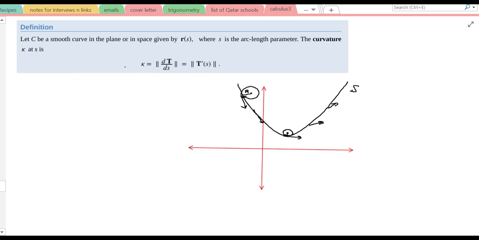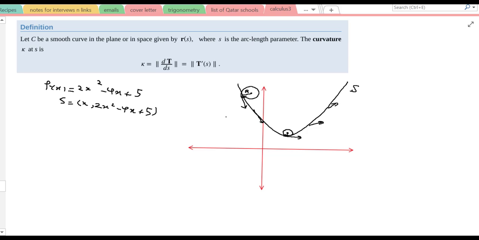The curvature, as defined, is not directly useful, so we need to find it in terms of the function we have, f(x) equal to 2x² minus 4x plus 5, where s is defined by x and 2x² minus 4x plus 5.